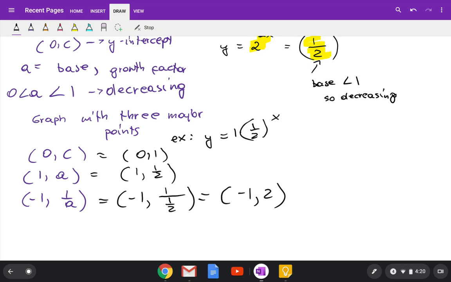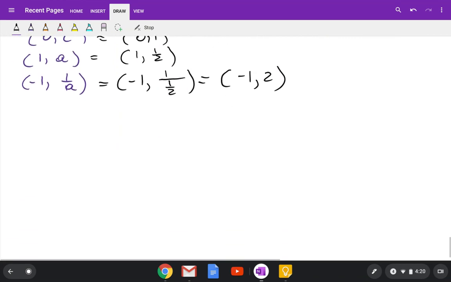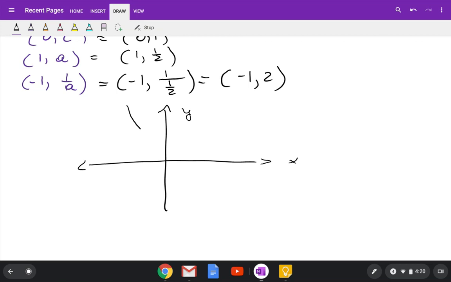So how the graph looks, it decreases exponentially. It looks like this. After crossing the y-intercept, it decreases very fast at the beginning, but then it's slowing down.